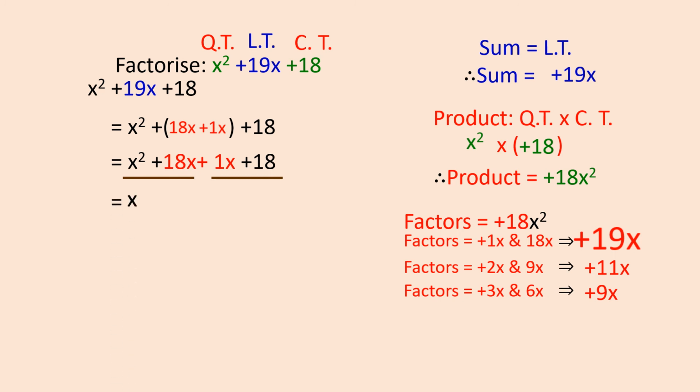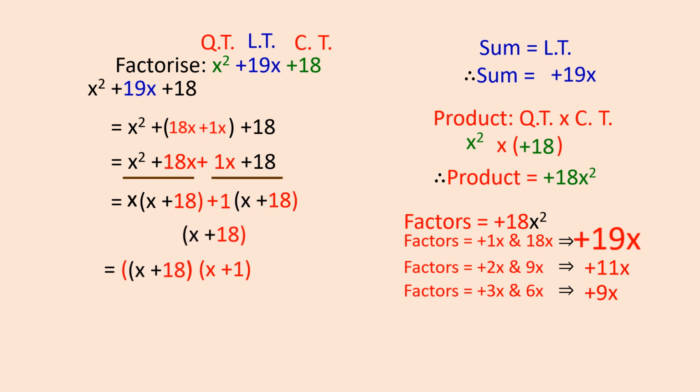From the first group, if I take x common, I get x plus 18. From the second group I take plus 1 common because nothing else is common there, and what remains is x plus 18. Now we have two terms, x into x plus 18 plus 1 into x plus 18.